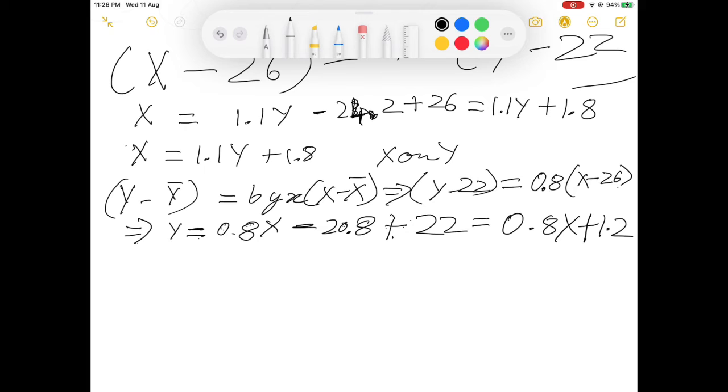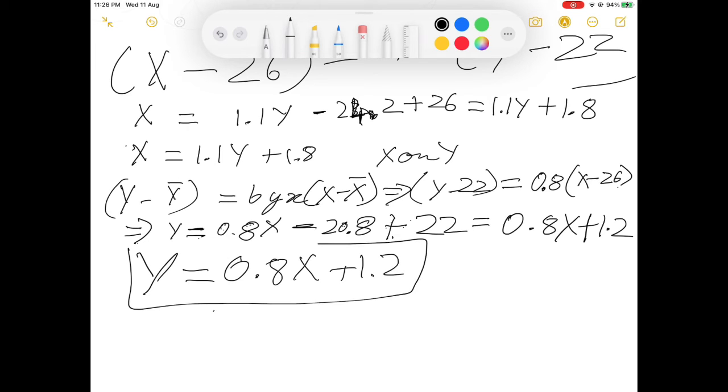So this is the y on x equation: y is equal to 0.8x plus 1.2. These are the two regression equations. So always write what the regression equation is very clearly, mark them. I am putting in a rectangle box here, x on y and y on x equations.